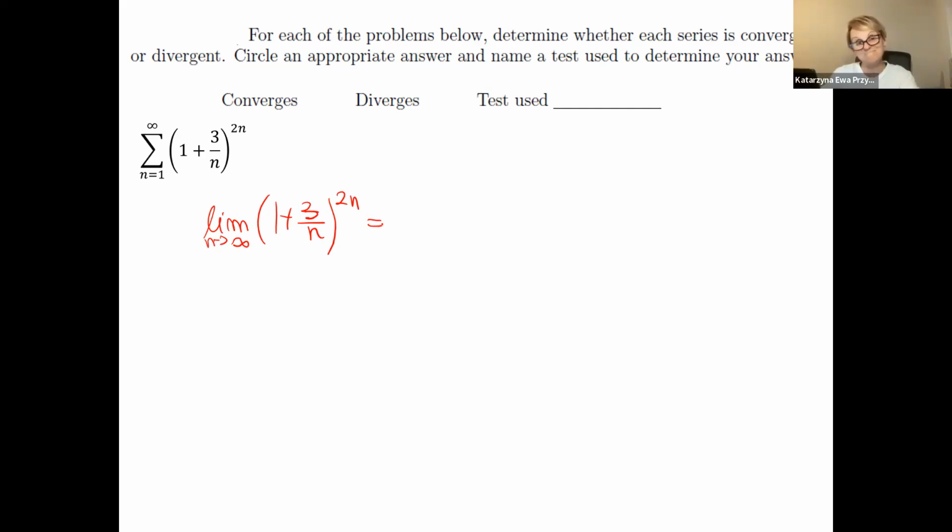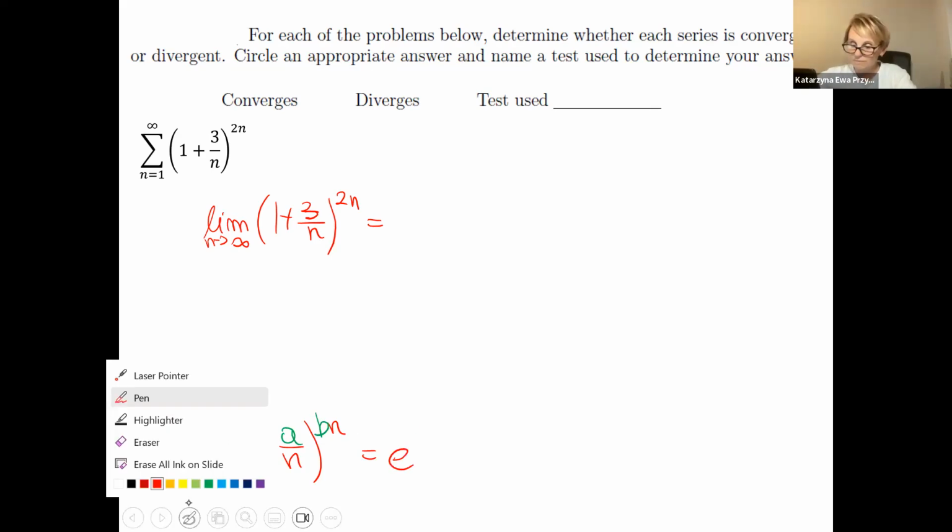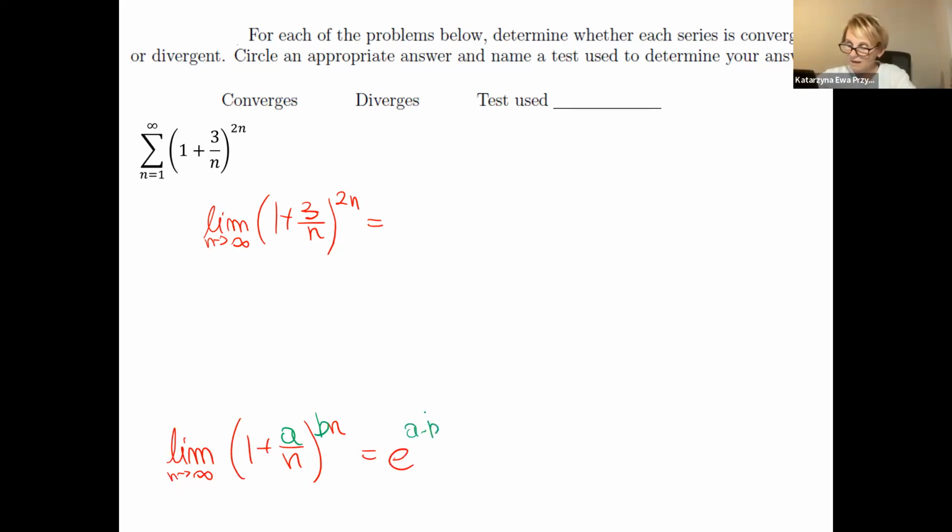What is this limit? Yes, limit, that's good practice for the sequence. 1 plus, that's n, and we may have coefficient a and coefficient b. E to the power of a times b.